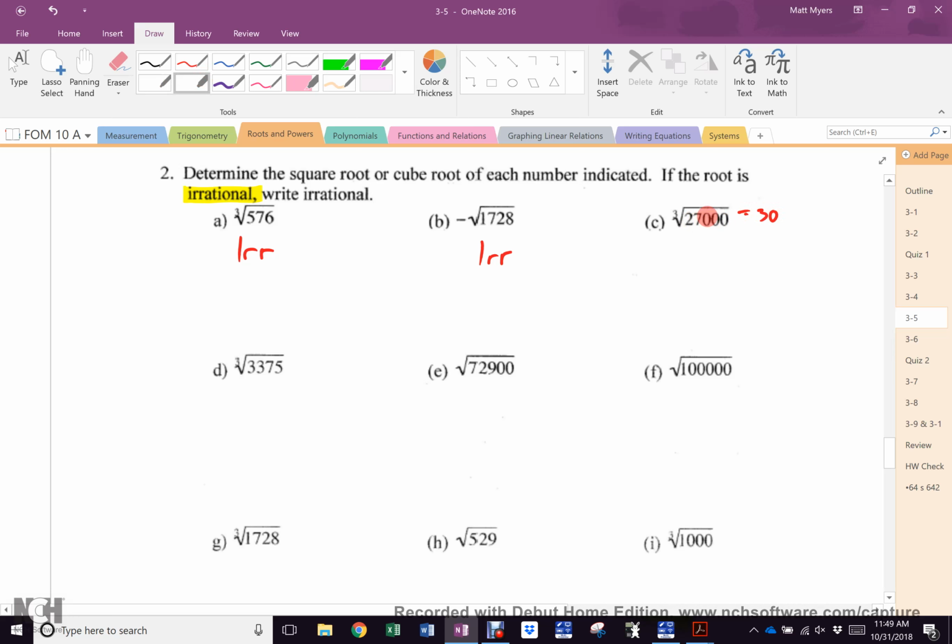Now, look closely. If there were no zeros there, what's the cube root of 27? 3. Everyone agree? If there was no 27 there, then that is 1,000, isn't it? What's the cube root of 1,000? 10, right? We did that on our list.